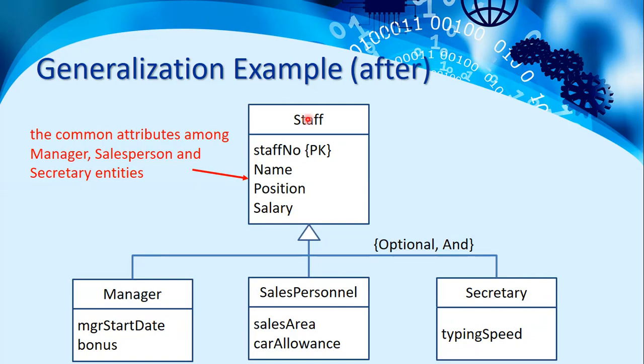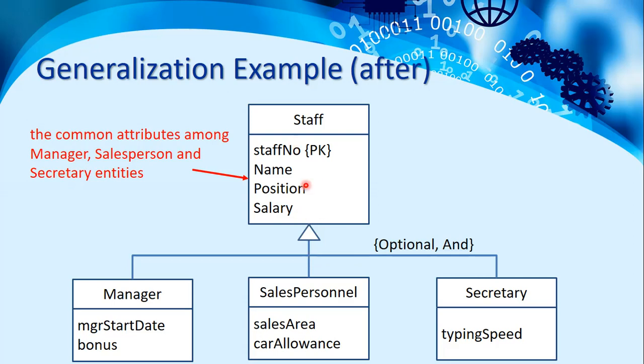We extracted the common attributes and put them in a separate rectangle, or rather entity, and then we add an arrow. These three subclasses have their own separate lines, but they diverge into an intersection, and right at the intersection they point to this entity, which is obviously their superclass.